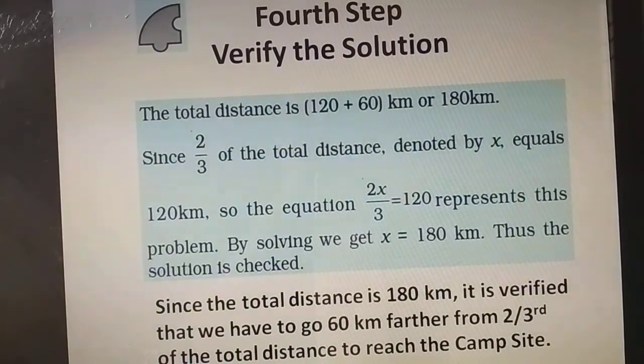So we get the total distance as 180 kilometers. So it is verified that we have to go another 60 kilometers farther from the 2/3 point to reach the campsite. Hence, the solution is verified. The answer is 60 kilometers further from the given point.